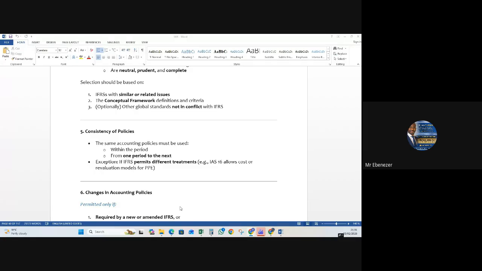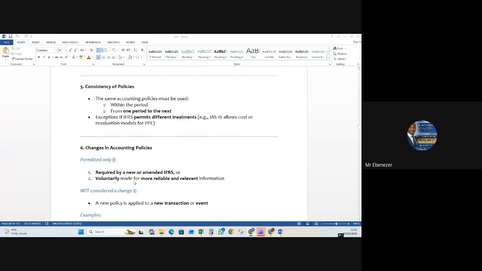Now, we have changes in accounting policies. These changes are permitted only if it is required, or if there is a new IFRS, or the IFRS has been amended and you are required to follow it. You can change your accounting policy if there is a new standard or the existing standard has been amended.